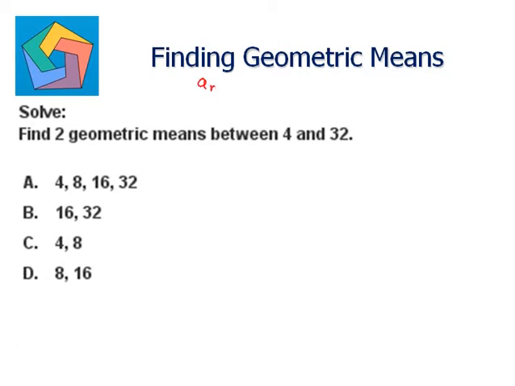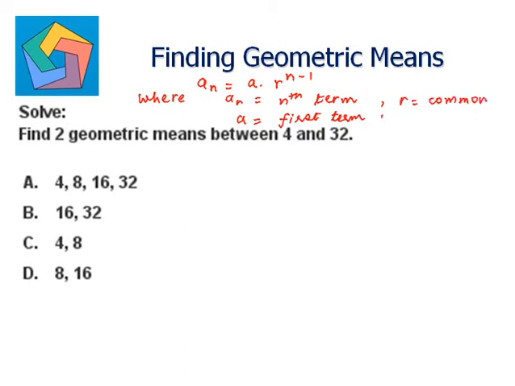The nth term formula is given by an is equal to a times r raised to the power n minus 1, where an is the nth term, a is the first term, r is the common ratio, and n is the number of terms in a geometric sequence.